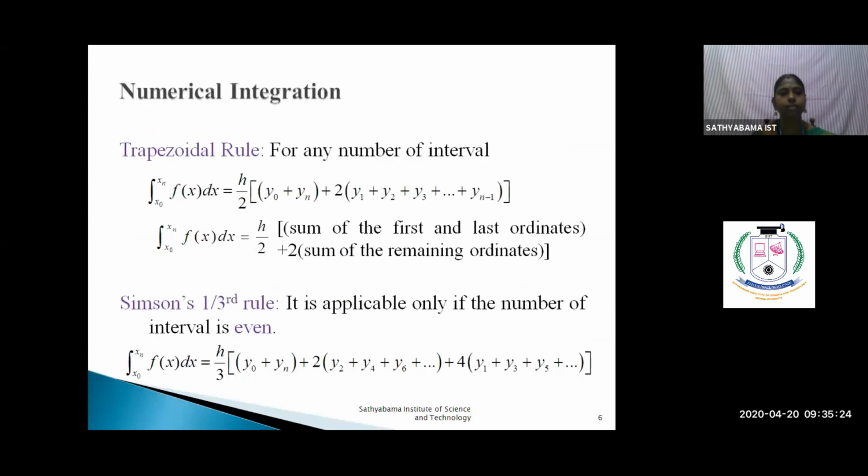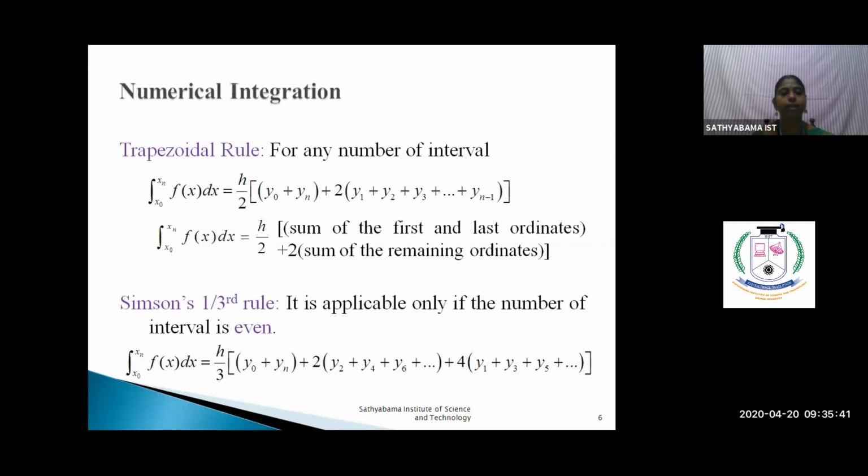So let us take the formula, trapezoidal rule. It can be used for any number of intervals. Whatever intervals we have, we can use this trapezoidal rule. It's a very general formula.